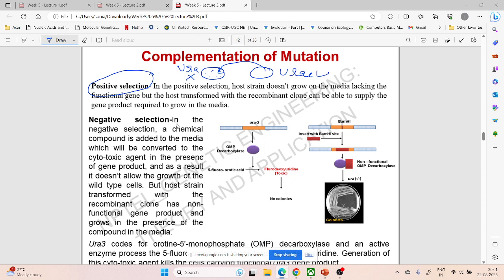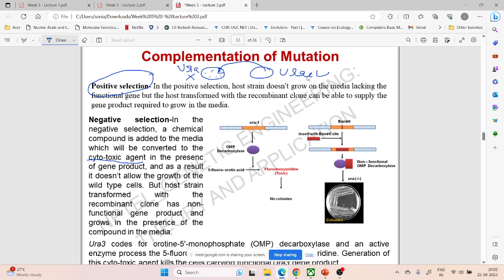And in negative selection, suppose there is a gene present in the vector which is not good, and if externally you are providing an agent which can hamper the growth of the host strain. So what is written is that in negative selection, a chemical compound is added to the media which will be converted to a cytotoxic agent in the presence of the gene product, and as a result, it does not allow the growth of the wild type strains.